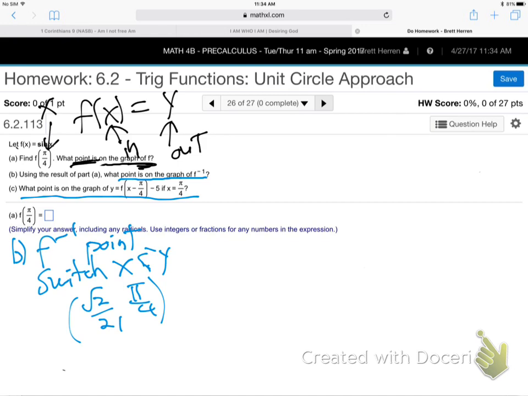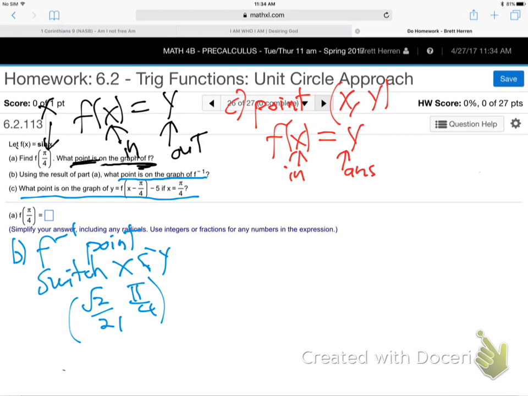And a point on part C here, remember, means x, y, where x is what you plug in and y is the answer you get out, right? Let's be clear on that as we're rolling for this part C here.